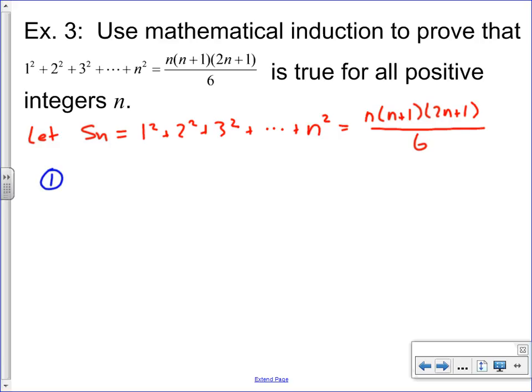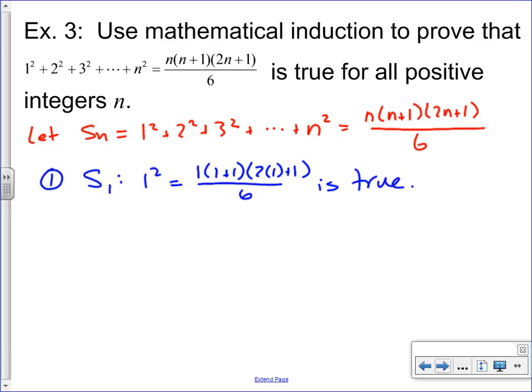S_1 is 1 squared, which should be 1 times 1 plus 1 times 2 times 1 plus 1 over 6, is true. Just writing it a different way than last time.